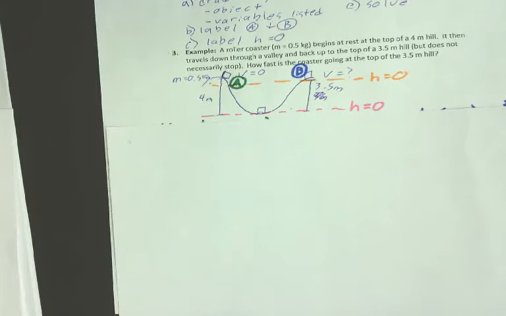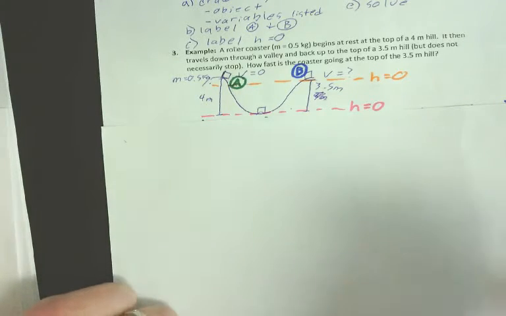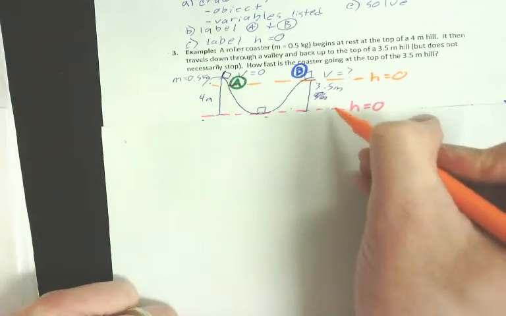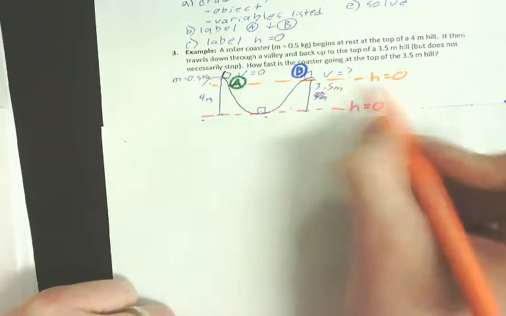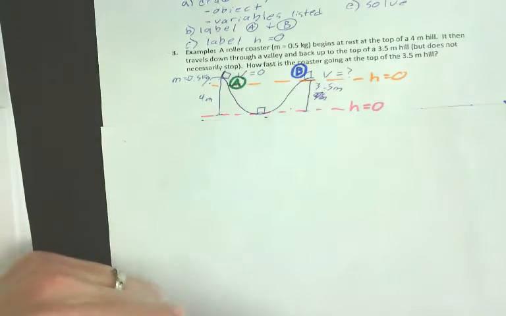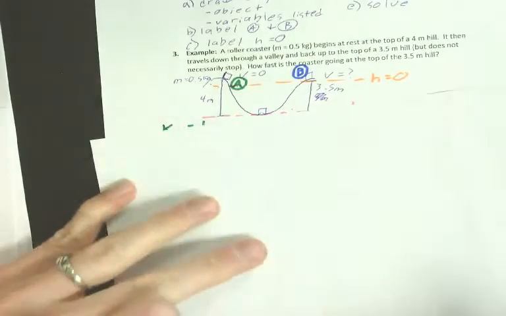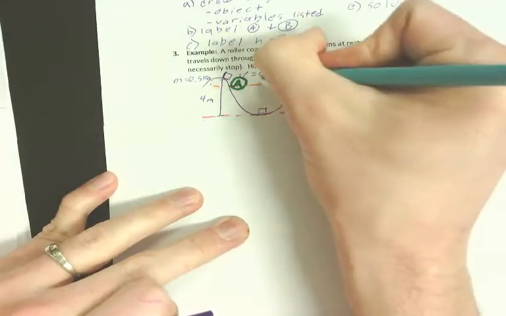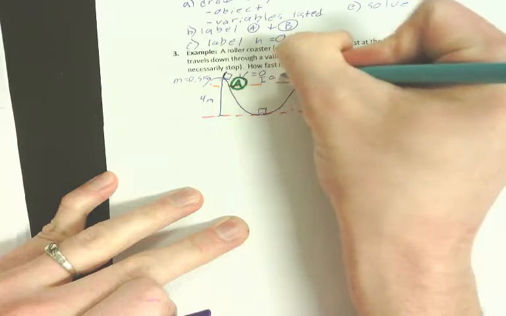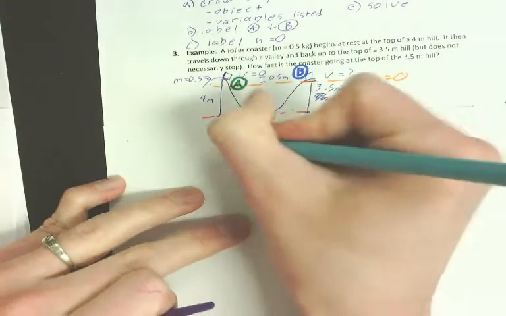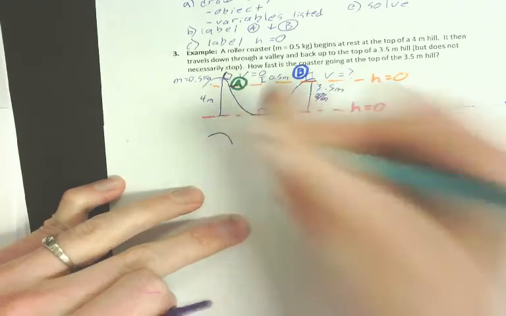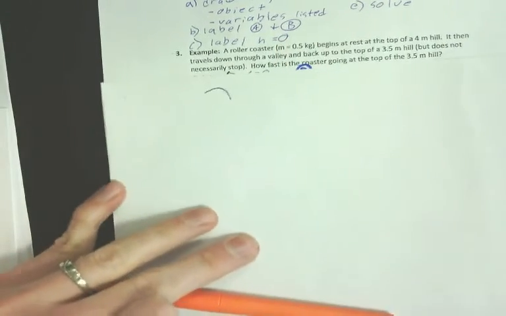So that's going to change some of these numbers a little bit. Instead of it being a height of 3.5 above the ground, it's at 0 at B. Instead of a height being 4 meters above the ground, it's going to be 0.5 meters above B. So let's go ahead and just redraw it just so we don't get confused at all.